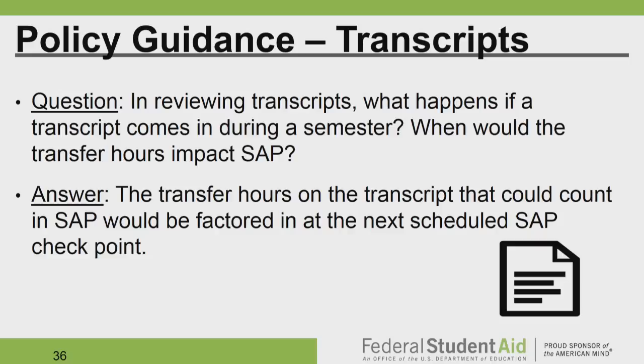Policy has clearly said that you can apply it to the next evaluation checkpoint for SAP purposes. So remember, SAP is typically forward-looking. So at the point when you evaluate them, if there are any penalties or sanctions you have to take against a student, it's going forward, it's not back. So it tends not to be retroactive. So in this case, you could apply it the next time you evaluate the student's grades and pace.